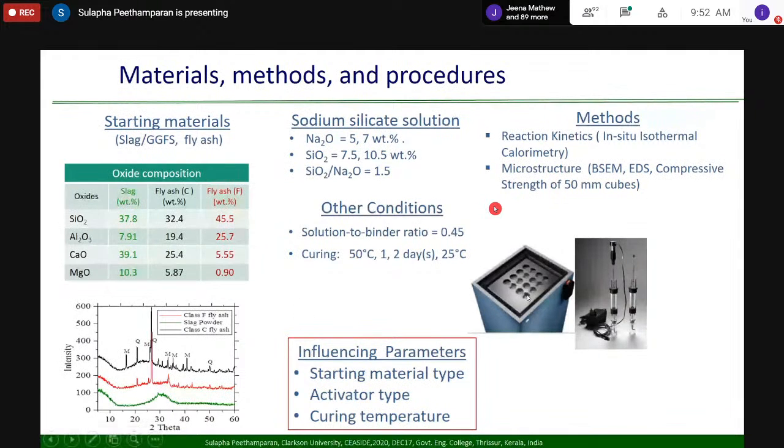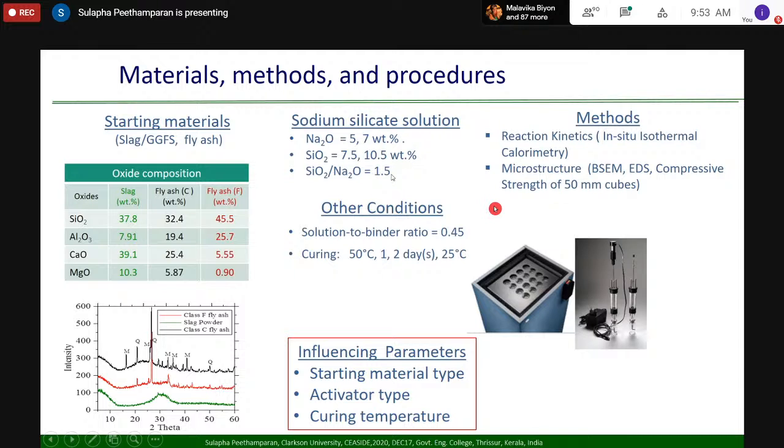The next important parameter is the solution that you are making. How do we make the solution? You have to have sodium oxide or potassium oxide or any alkali, and you have to dissolve some silica in that solution. We normally specify the proper chemistry of that solution by the Na2O content and the silica modulus.